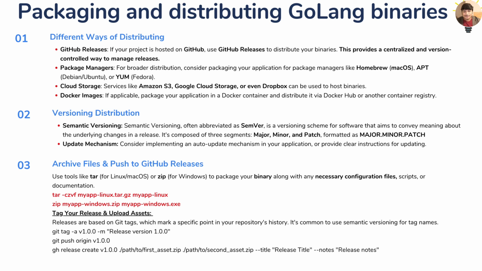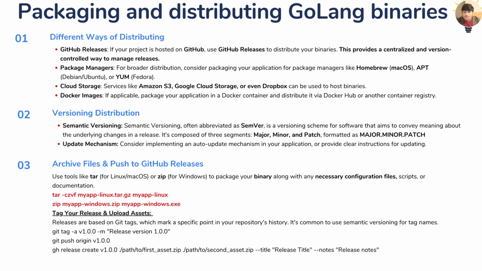For example, tar -czvf, then the archive file name and then the source file name, or zip for Windows, zip myapp-windows.zip and the particular Windows file or the final binary that you want to distribute, and you can zip it. Okay, and then use GitHub releases to upload the asset into the GitHub releases page.